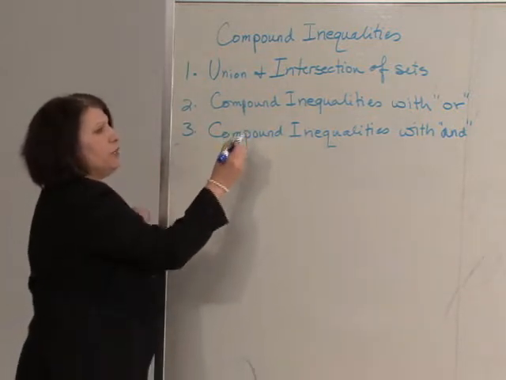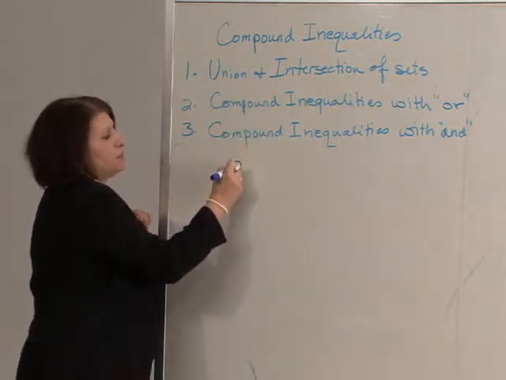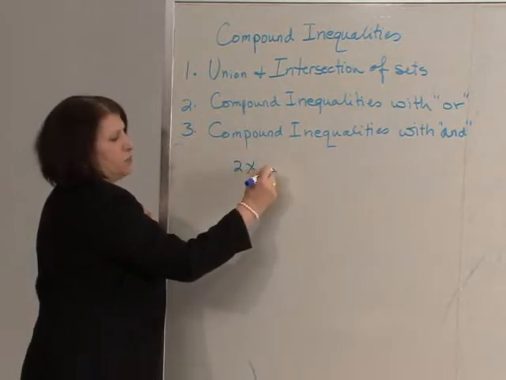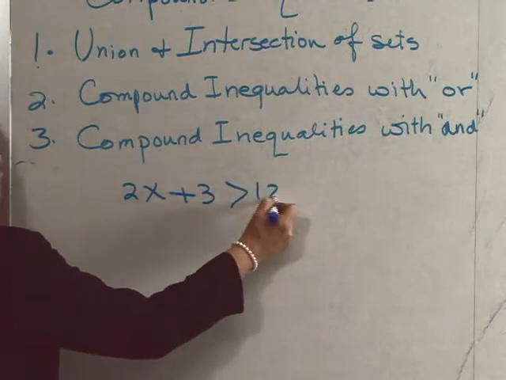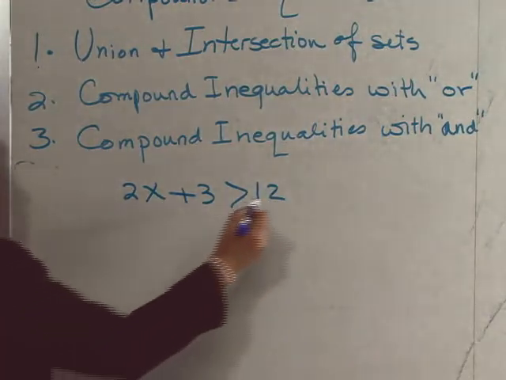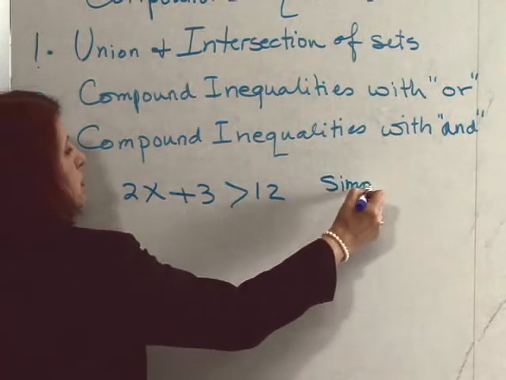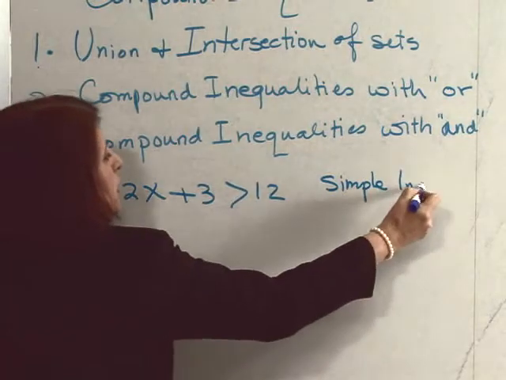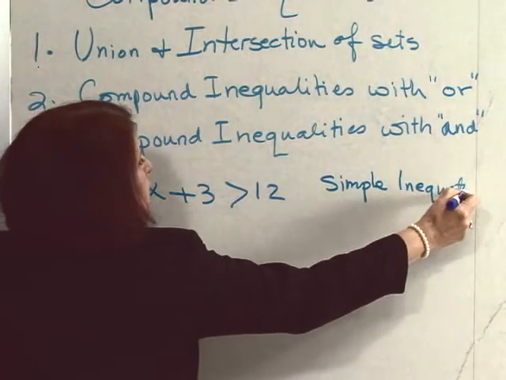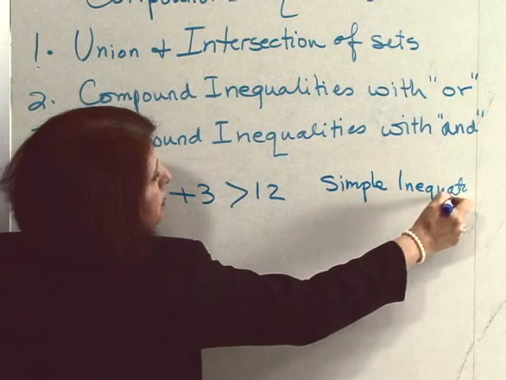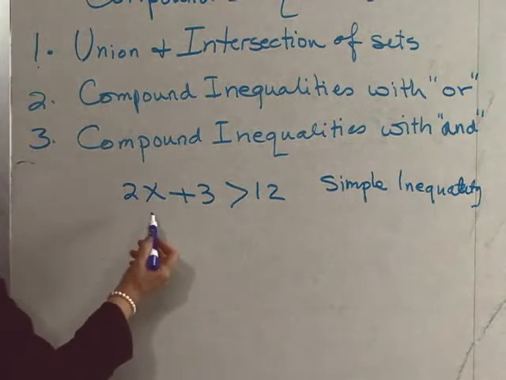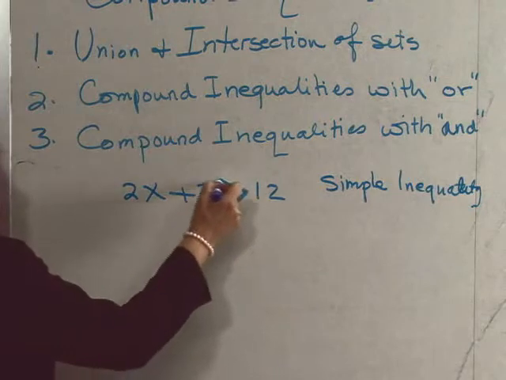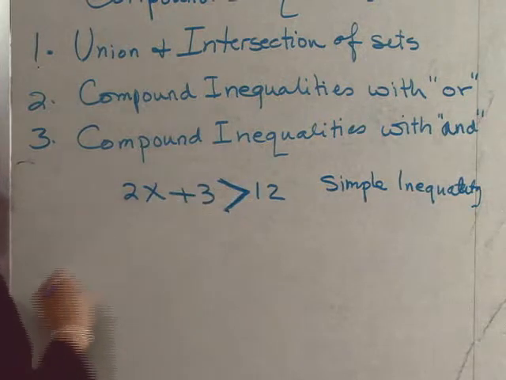Before we do that, if you have something like 2x plus 3 is greater than 12, this is called a simple inequality, because it includes one inequality symbol, which is the greater than.